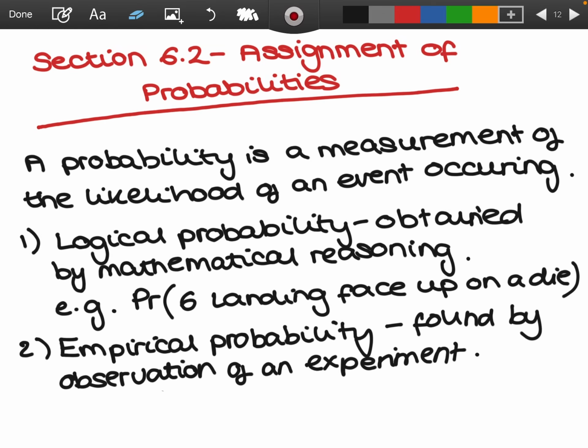So an example of this could be the probability that a person selected at random on campus is taking a math class this semester. You survey a certain number of people on campus and you find that 100 out of the 300 that you surveyed are taking a math class this semester. That means that there's a probability of 1/3 that someone is taking a math class that semester. So it's all done by observation.